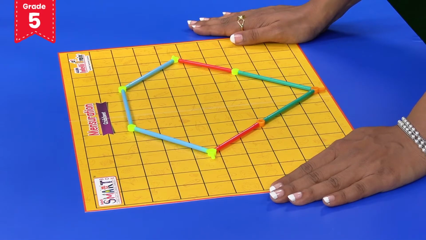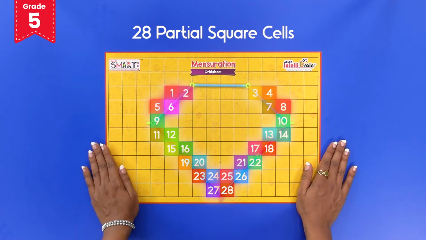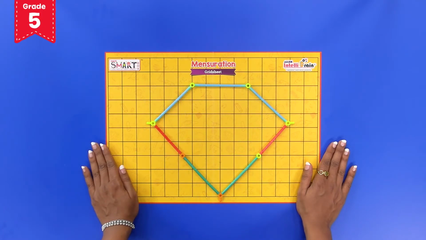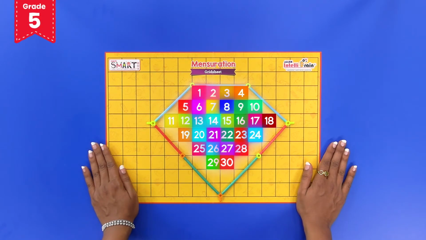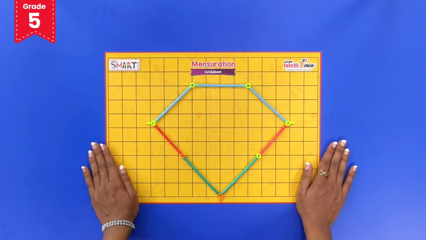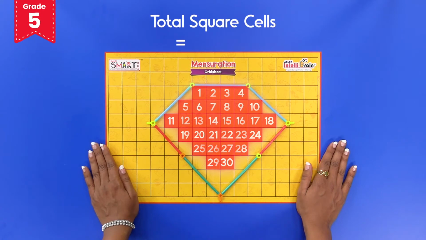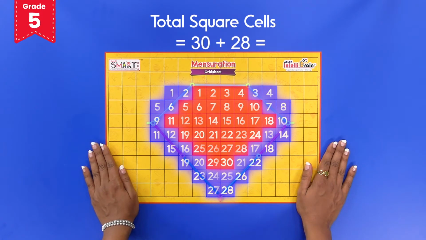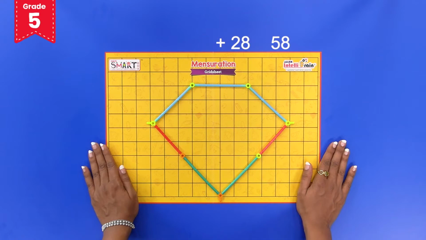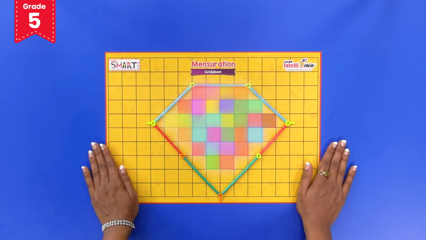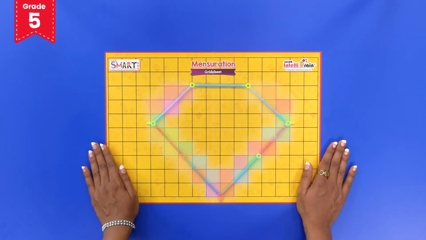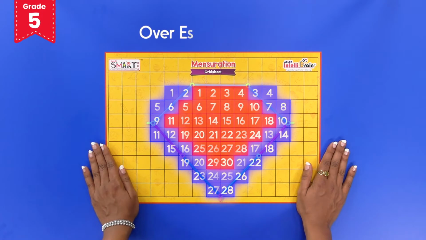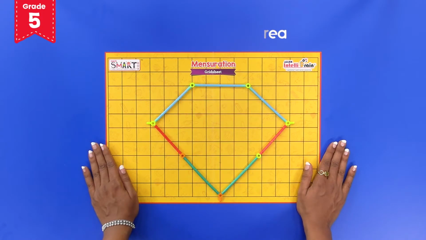There are a total of 28 partial square cells. As we have already counted the complete square cells and that are 30, the total number of square cells are 30 plus 28, that is equal to 58. Note that the area covered by these complete square cells and partial square cells is called the overestimated area.